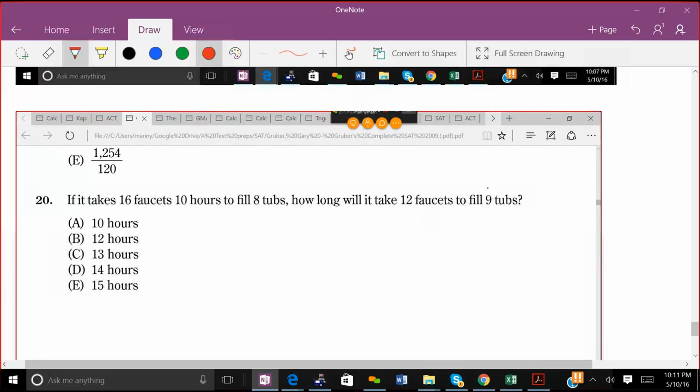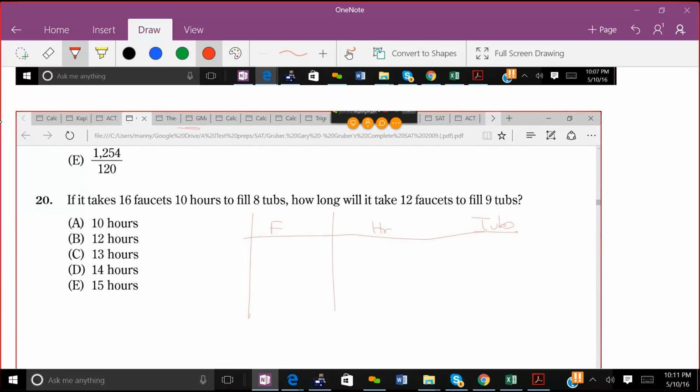You make a little chart. Faucet, hour, tubs. So you have 16 faucets, 10 hours, 8 tubs. That's the clue. What's the puzzle?